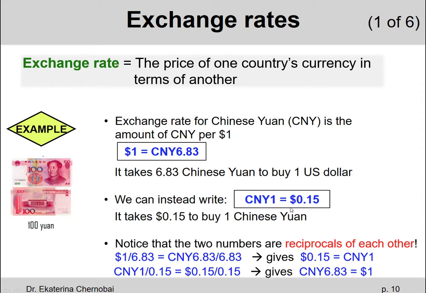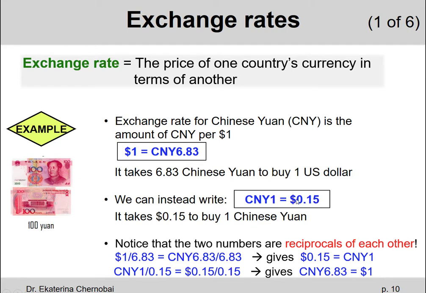For example, we can also go back from the second expression, 1 Chinese yuan equals 0.15 of a dollar, to the first expression, $1 equals 6.83 Chinese yuan, by dividing both sides, the left-hand side and the right-hand side, by the number that we want to be 1 instead.